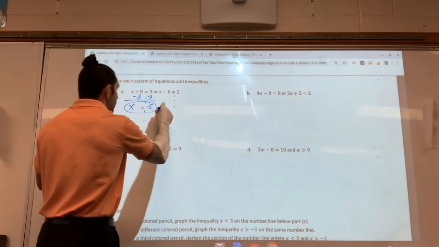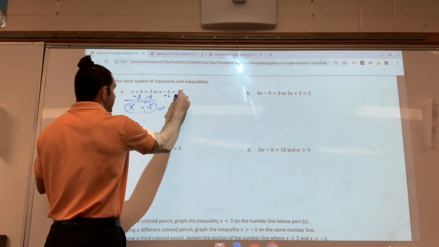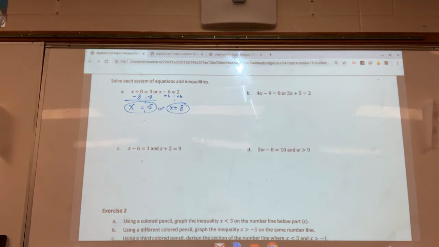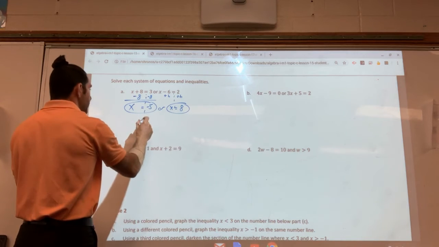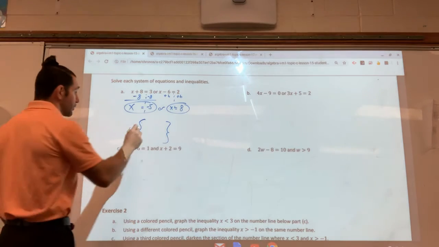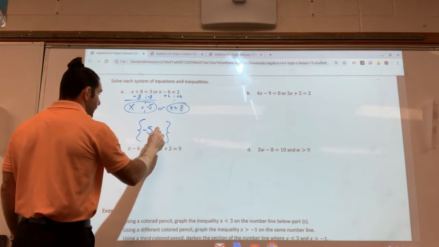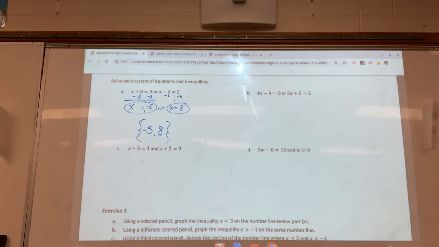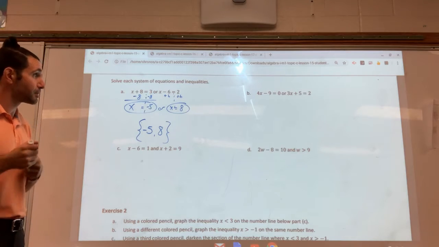There's one answer. Or add 6, x equals 8. There's my other answer. Well, how am I going to show this? Because I don't want to write x equals negative 5 or x equals 8 every time. Well, I'm going to show this in that set notation. For equations, I'm going to put negative 5, 8. Those are the answers that would work. One of those two answers is going to work for one of those two equations.